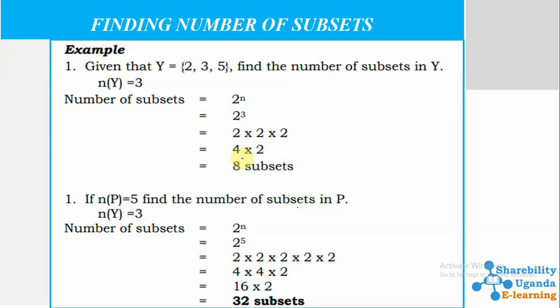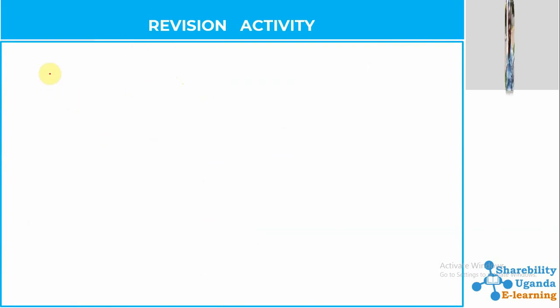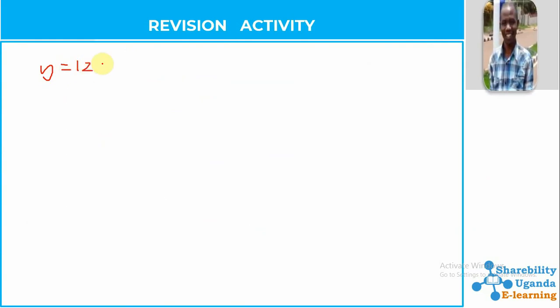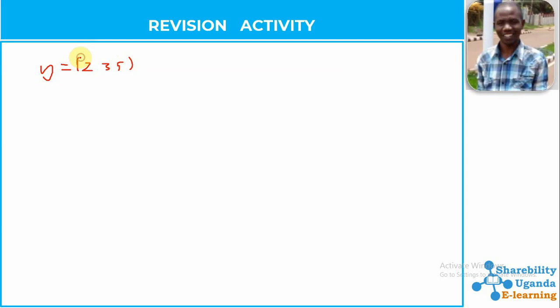All right, let's prove that, and we see how we can come up with that number. We have our y is equal to 2, 3, 5. Our set y is equal to 2, 3, 5. These are the elements in our set y.